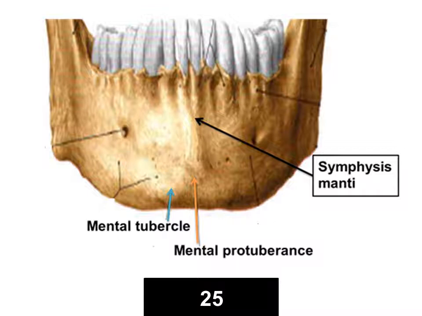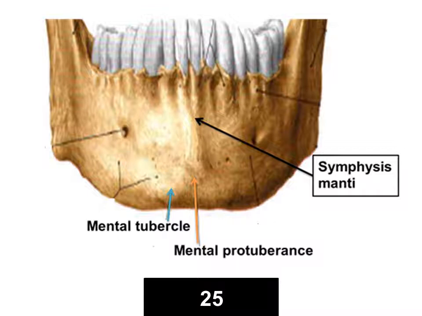The body is marked in the midline by a faint ridge that we called the symphysis menti, which indicates the line of fusion of the two halves of the fetal bone. The mandible in the fetus was two halves, and the fusion area is the symphysis menti.